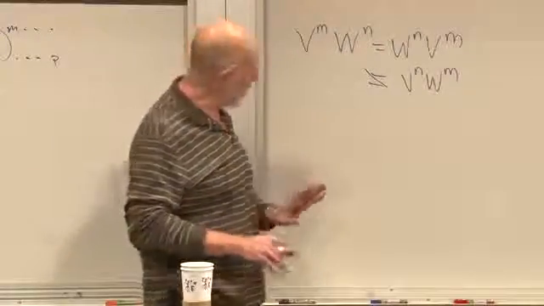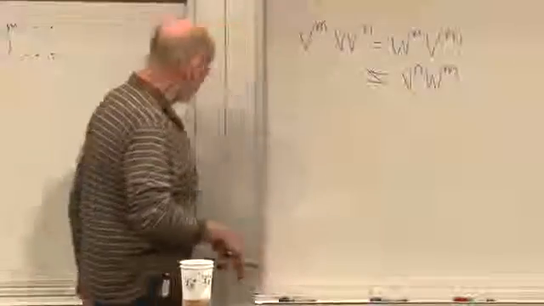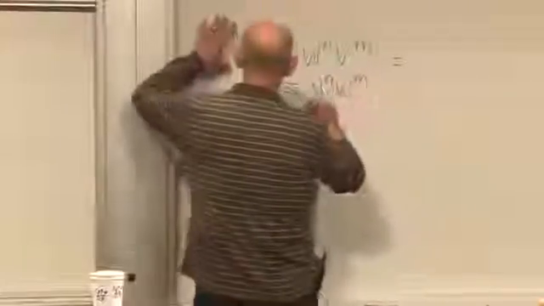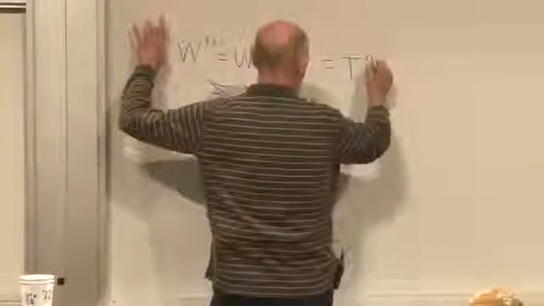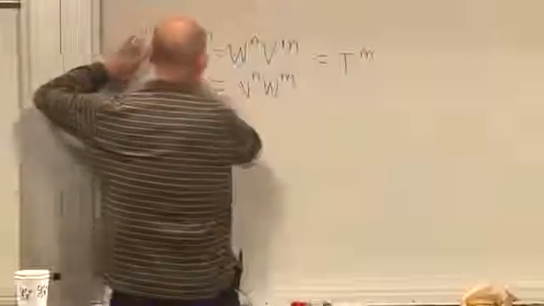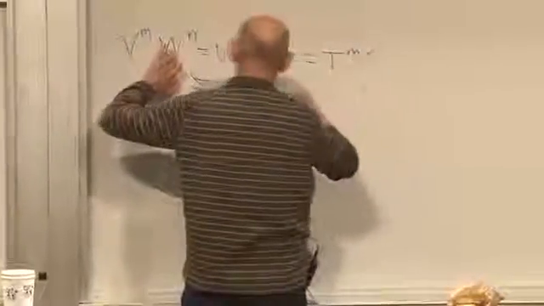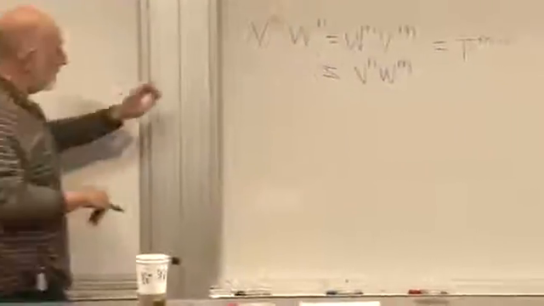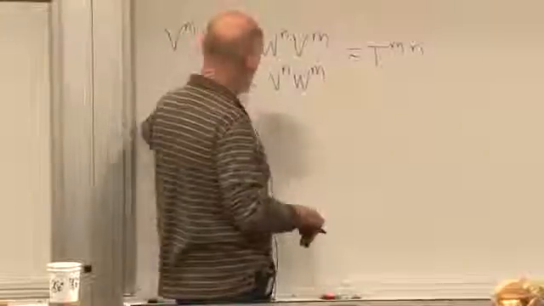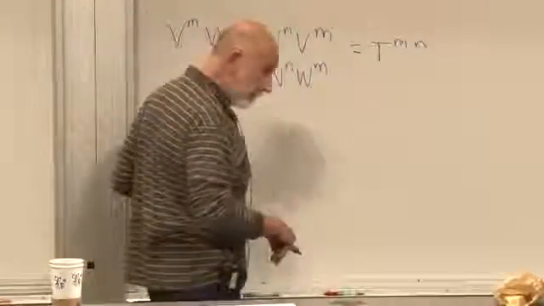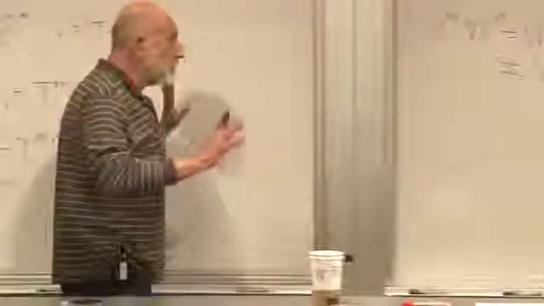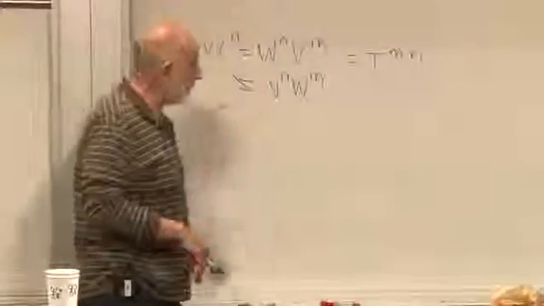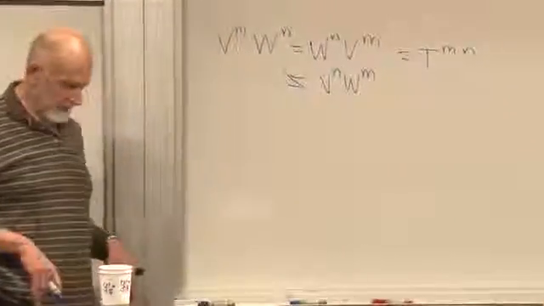Components are numerical values. On the other hand, when you write this as a tensor, you must remember that the first index refers to the V and the second index refers to the W. You must remember your convention that the first index here was associated with V and the second index here was associated with W. But the transformation properties are just the transformation properties of a thing with two contravariant indices.